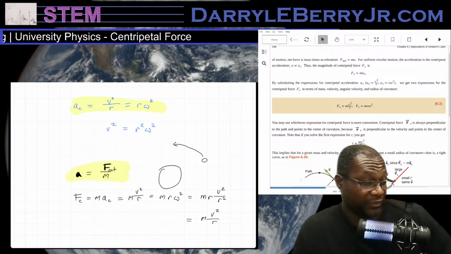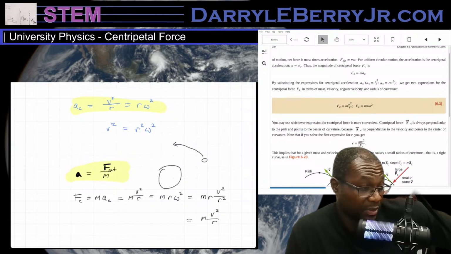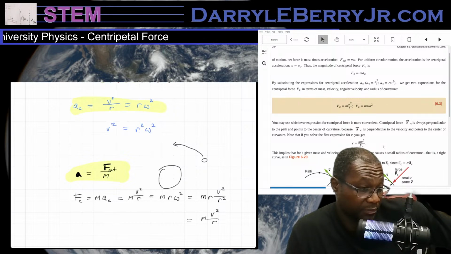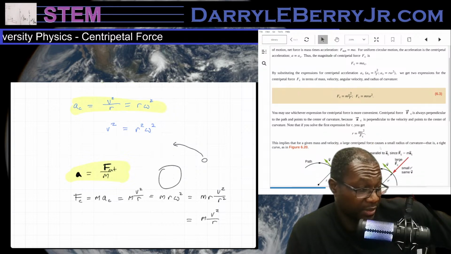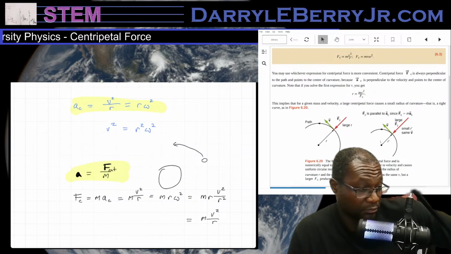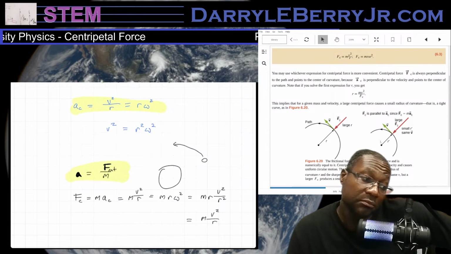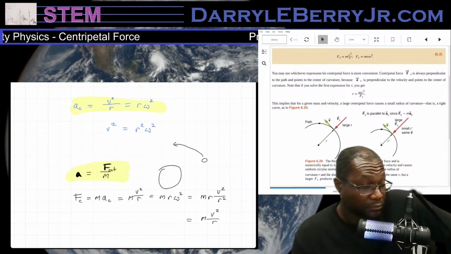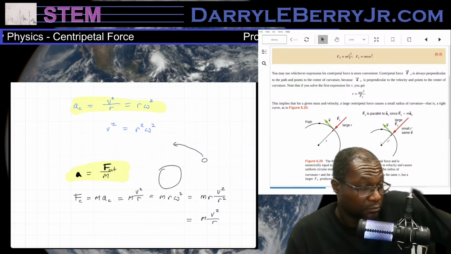This implies that for a given mass and velocity, a large centripetal force causes a small radius of curvature. Makes sense? That is a tight curve. The more it's pulling in, the smaller the curve. Makes sense?